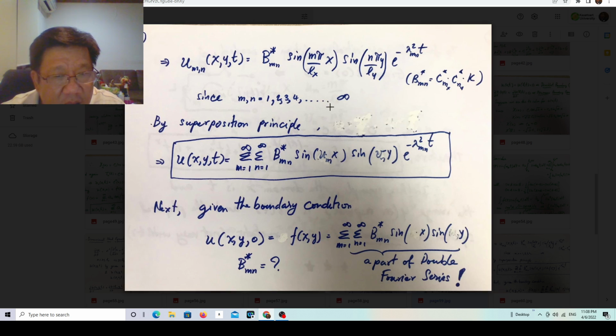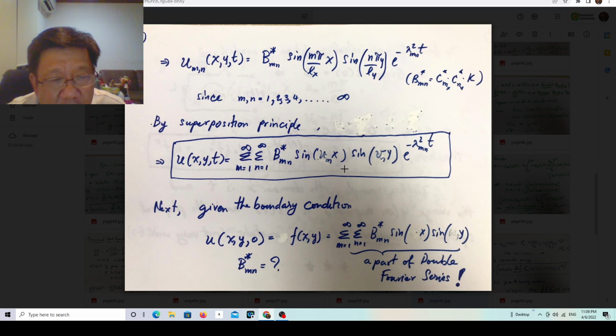What we call this is u that relies on mn. What about u(x, y, t) for all mn? Certainly, by the superposition principle, any specific m and n contribute to u(x, y, t). So for all mn, it becomes the summation over all m and the summation over all n of this B star mn.